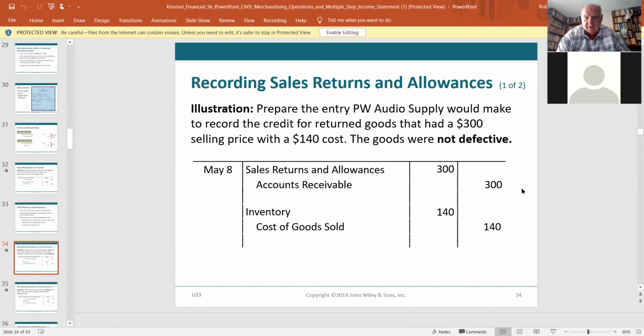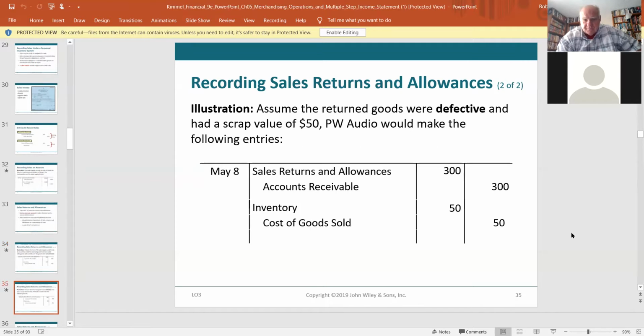So here, a customer returns something to us. So we have to reduce our sales by $300 with a debit. We credit accounts receivable because the customer no longer owes us for the goods, but we can debit the inventory because we got the goods back in good shape, and we credit cost of goods sold.